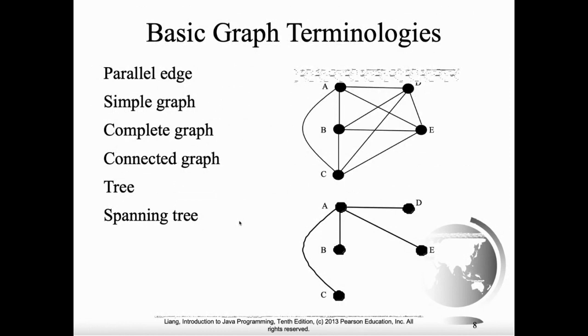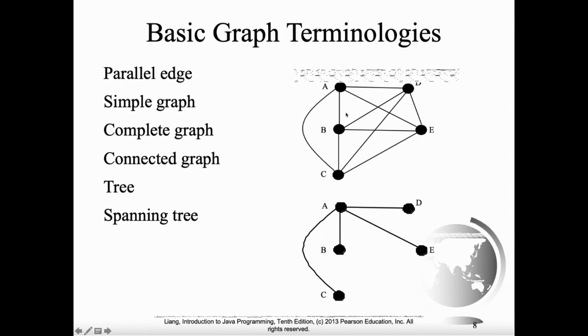These are some other basic terminologies, like what is a parallel edge? Parallel edges both go from the same node to the same node. Here we may have parallel edges. We'll see if we have one.